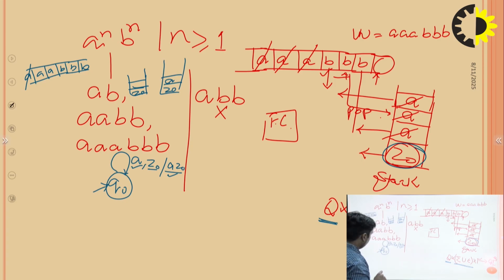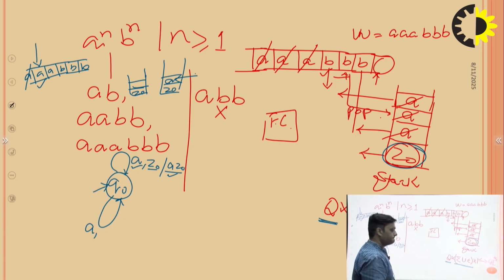Now if we get the next A, this A, the top of the stack at this time is A. The pointer of the input tape is here at A, and the top of the stack symbol is A. We write A. Then what will be the output?